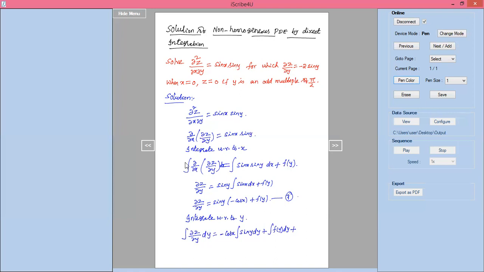Whenever you integrate with respect to y, you write x as a constant, so the new constant is g of x.